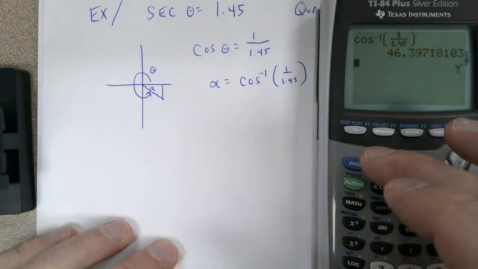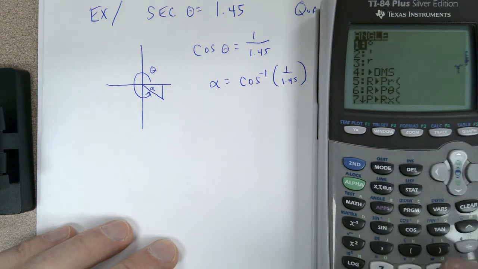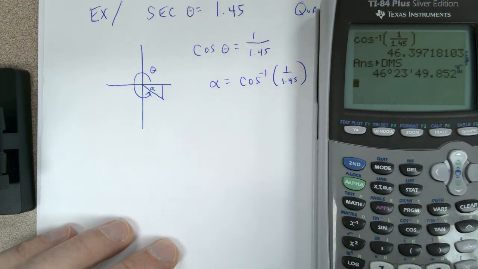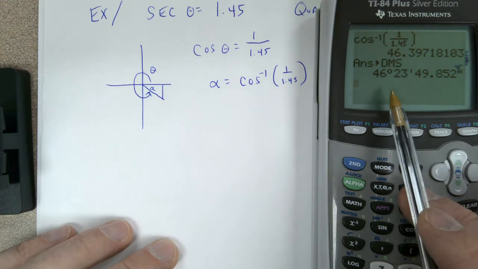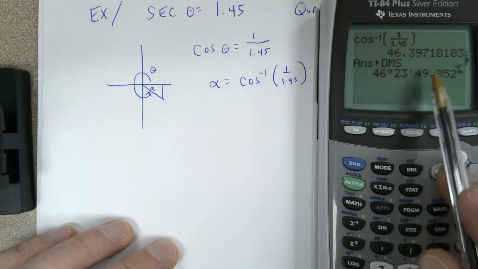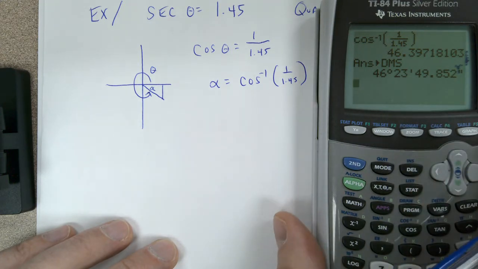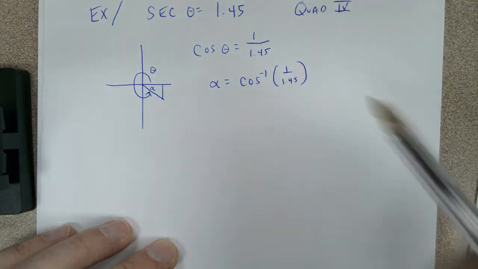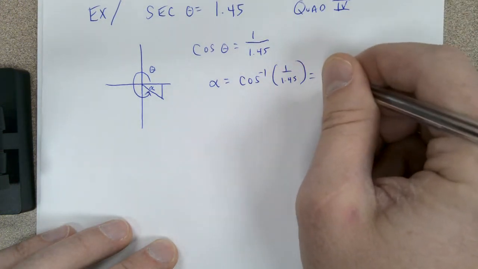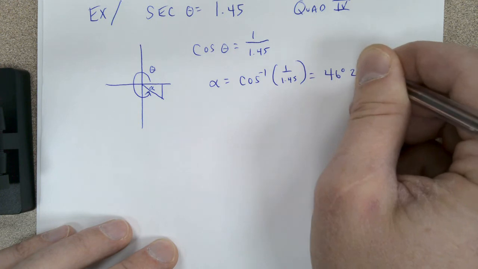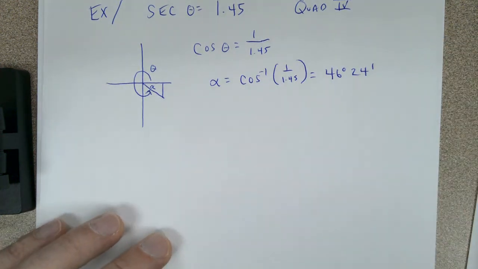So I'm going to change that to degrees, minutes, and seconds, and that gives me 46 degrees, 23 minutes, and 49 seconds. So I'm going to round up to 24 minutes. So 46 degrees, 24 minutes. And that's going to be my alpha.